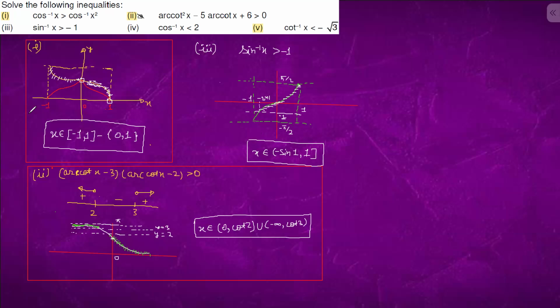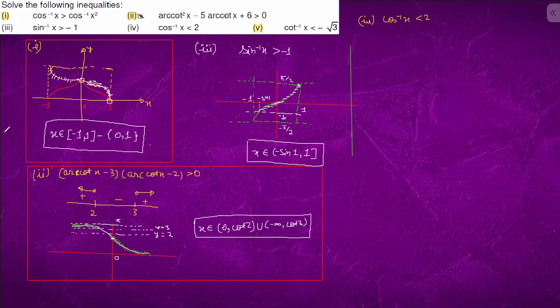Now we'll move to question number 4. We are given that cos inverse x is less than 2.